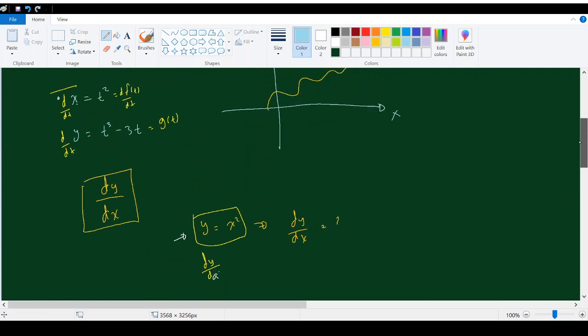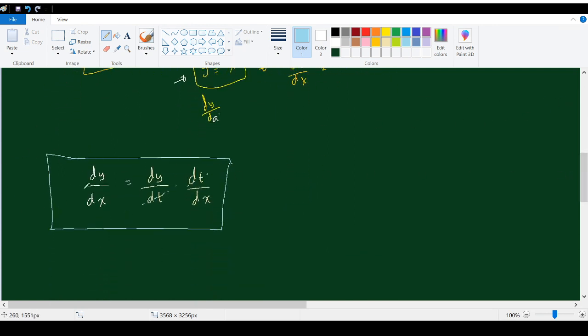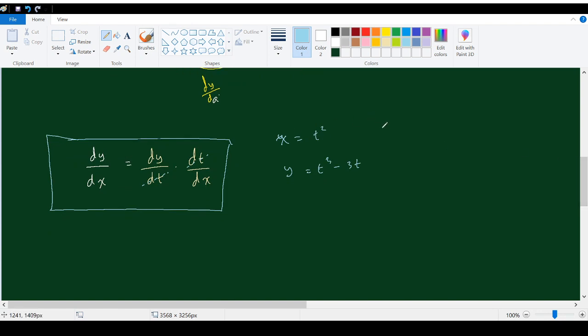So we can directly use this relationship to obtain dy by dx where necessary. Now this is a point where we can easily use the chain rule to compute dy by dx. Say we have that example, x is equal to t squared and y is equal to t cubed minus 3t. From these equations we can separately compute dx by dt, and that will be equal to 2t, and dy by dt will be equal to 3t squared minus 3.